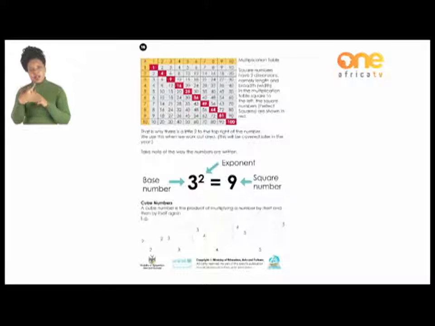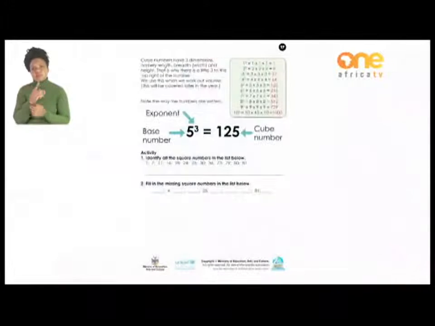Moving to page 17. Reading through, cube numbers have 3 dimensions, namely the length, the breadth, which is the width, and the height. That is why there is a little 3 to the top right of the number, which that 3 is also called the cube.